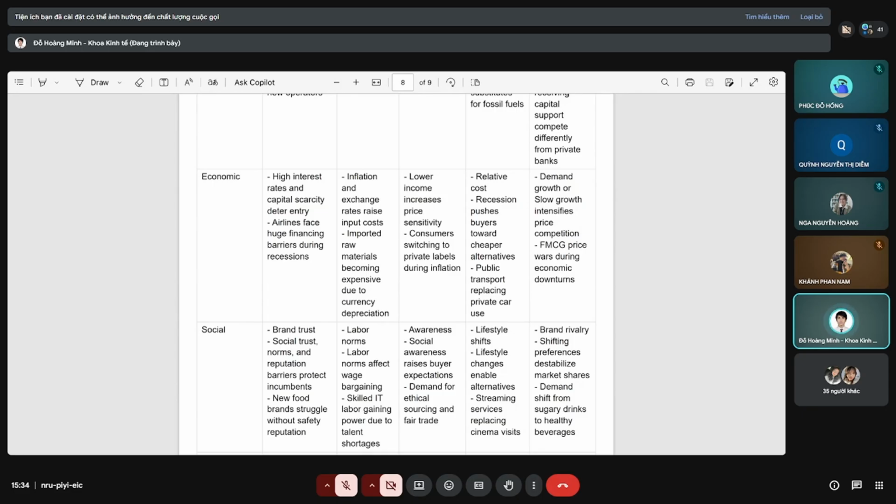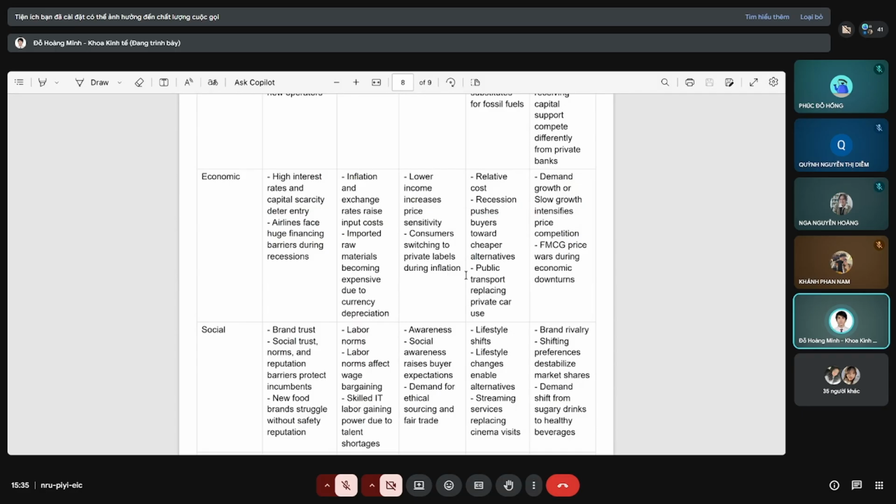So the FMCG firms have to reduce the price. Or the airlines have to compete aggressively in a stagnant market, when the industry growth decreases.